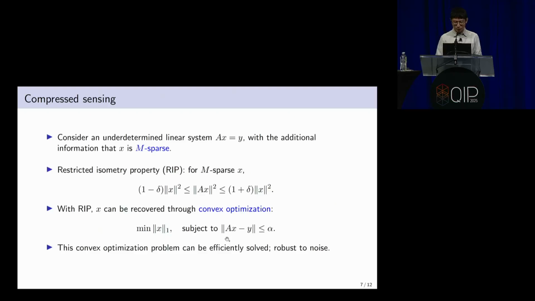We don't exactly need Ax equal to y, but rather we only need Ax to be close to y. You might ask, y is not really there, right? You only get a noisy estimate of y. That is also fine. You can incorporate uncertainty into this alpha. And this optimization is still convex.